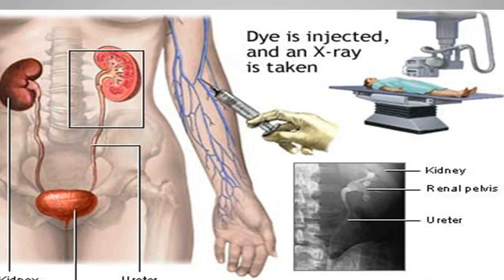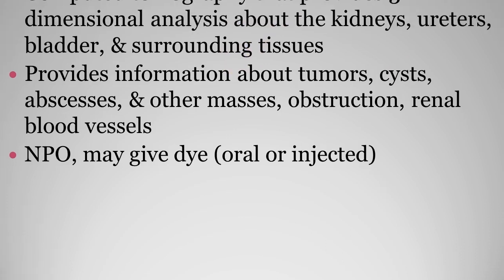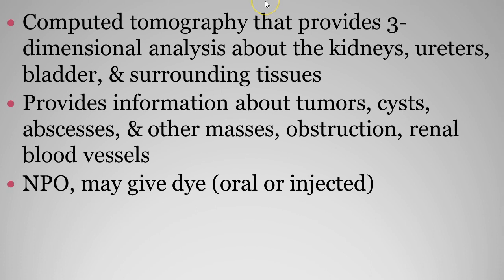All right, the next one is very familiar, these more sophisticated diagnostics, the CT scan, and it's just the question of whether or not we'll give dye or no dye, enhanced or unenhanced. That stands for computed tomography, which provides three-dimensional analysis of the kidneys, ureters, bladder, and the surrounding tissues.